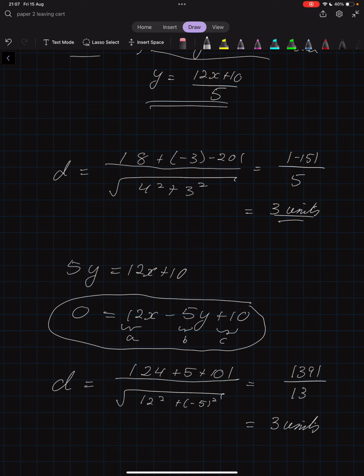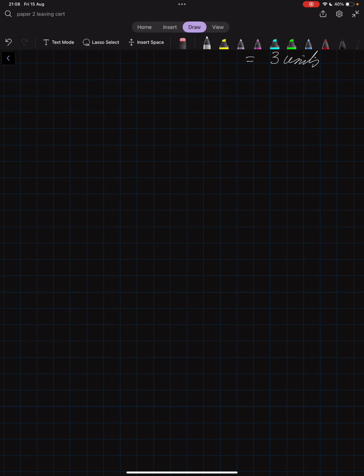I'm going to do this one because this one is quite hard. Okay, so it says find the equations of the lines that are perpendicular to 8x plus 15y plus 1 equals 0.